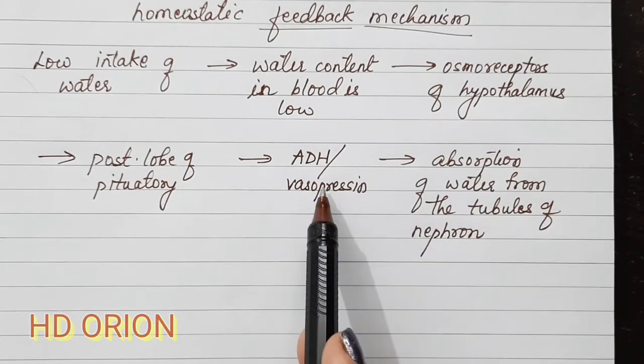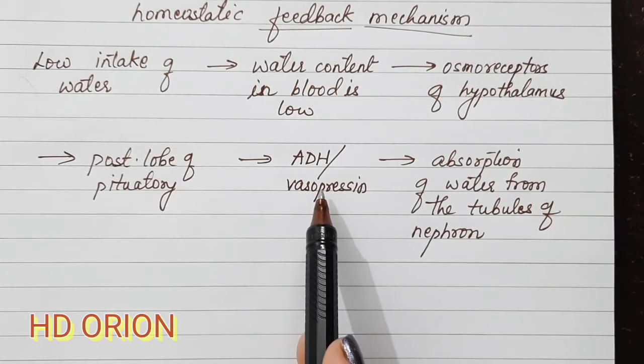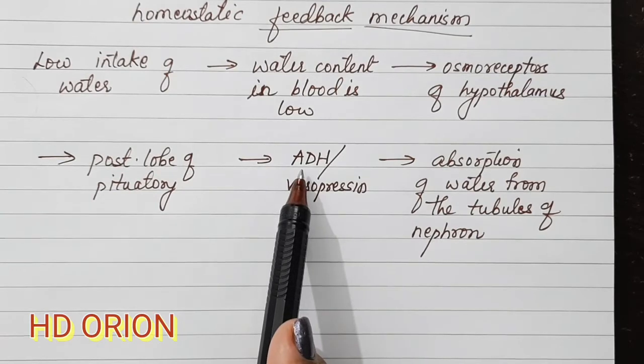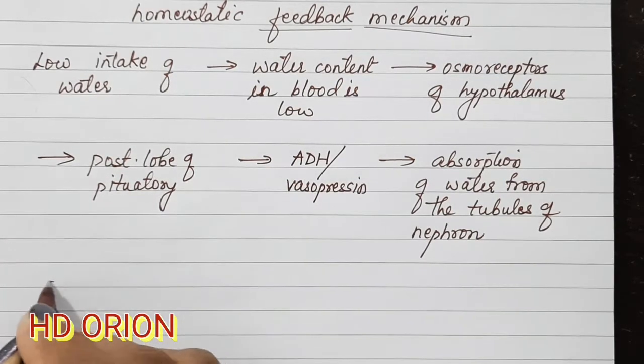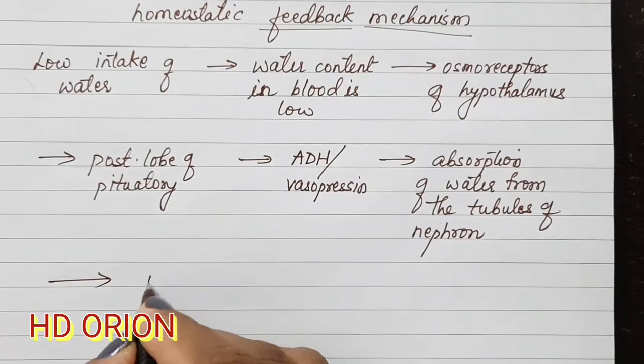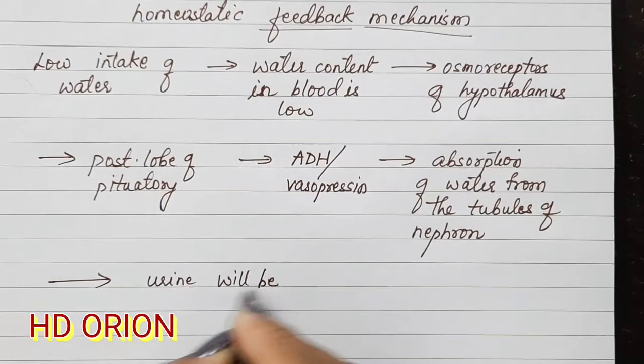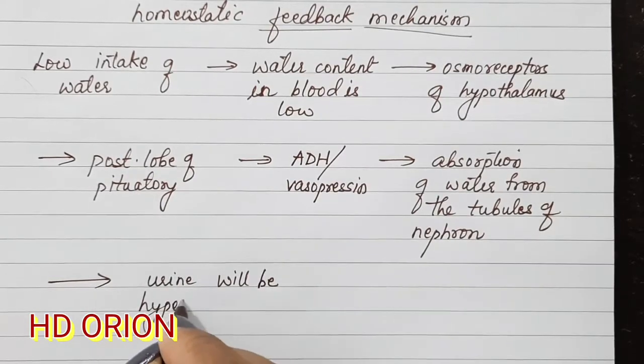So much of the water which is formed as filtrate in the kidney, in the nephron, is reabsorbed. So if ADH is enough in amount, much of the water is reabsorbed. So what will be the consequence? When enough water is reabsorbed, the urine will be hypertonic, because much of the water has been absorbed.